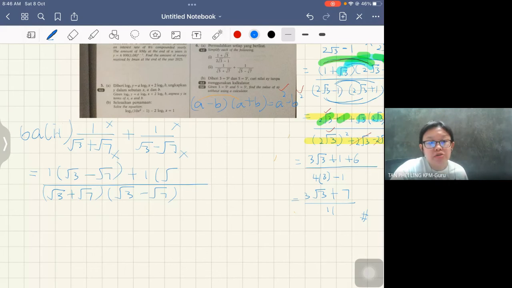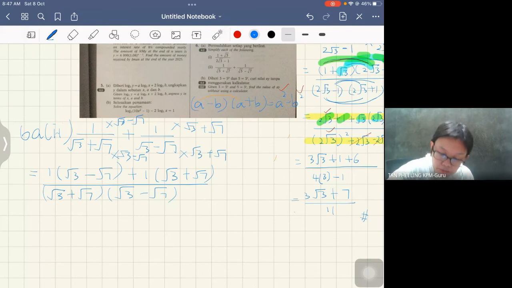Because they are conjugates, the bottom here is also times square root 3 plus square root 7. Do you understand? Then the bottom is square root 3 minus square root 7 as well.